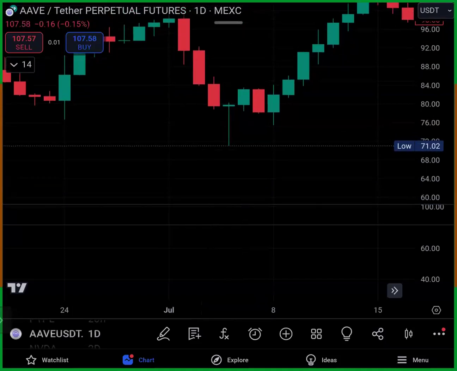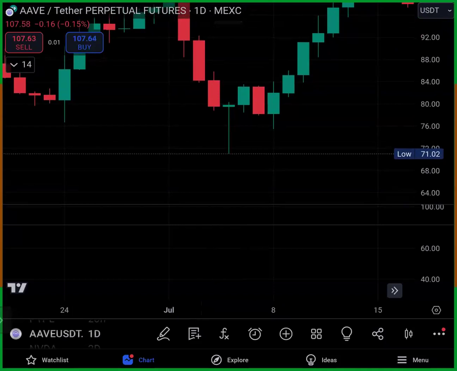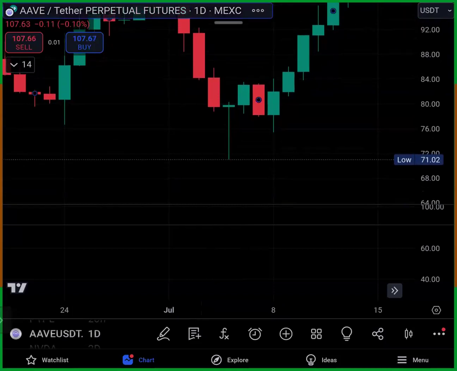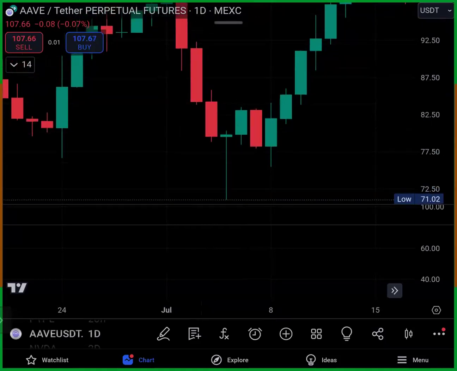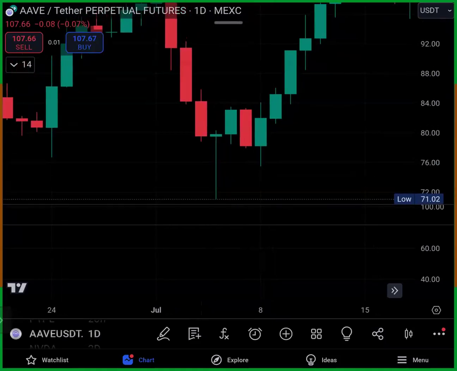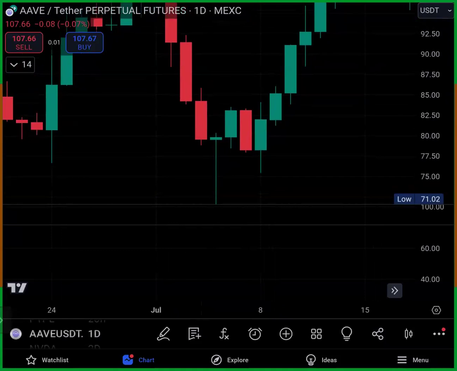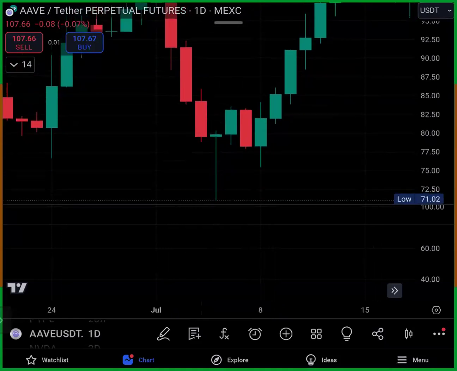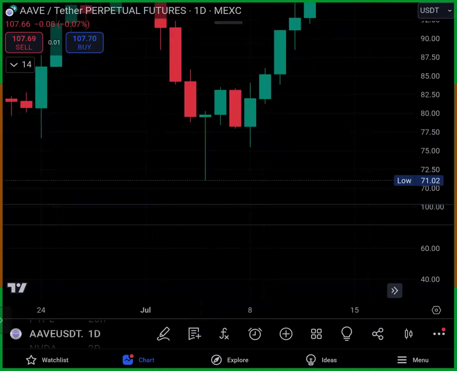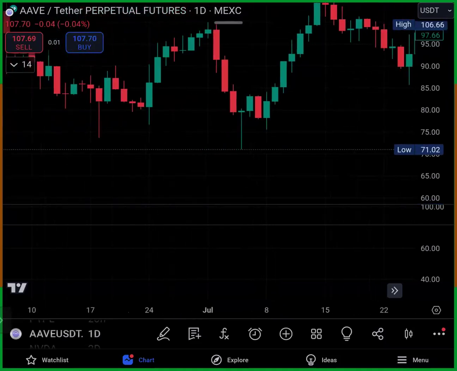That means that this long tail means that the sellers tried to beat the buyers, but at the end of the day, the buyers won. They kept this candle green and on top, and that caused a reversal.